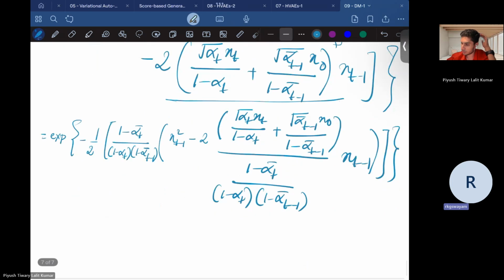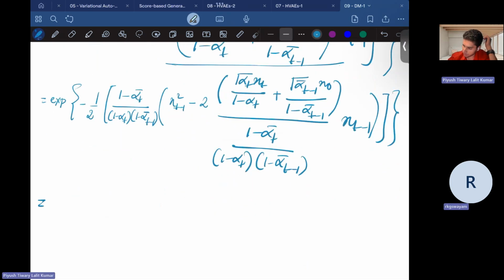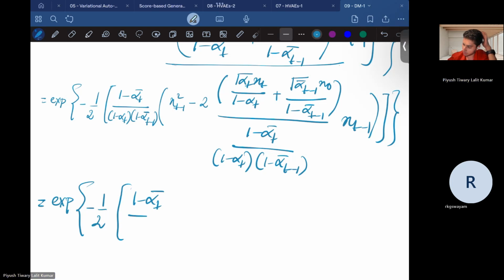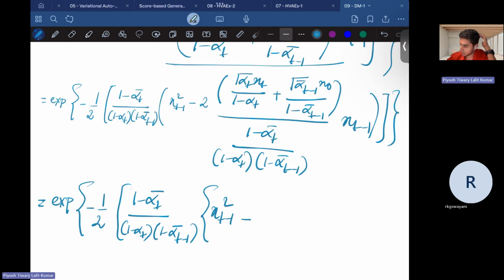Okay, so this thing will become exponential of. Now it is just to simplify things. That's all. So this is 1 minus alpha t bar over 1 minus alpha t, 1 minus alpha t minus 1 bar, and what is inside is xt minus 1 square minus. Now this thing will go to the numerator, and this term will come here in the denominator.